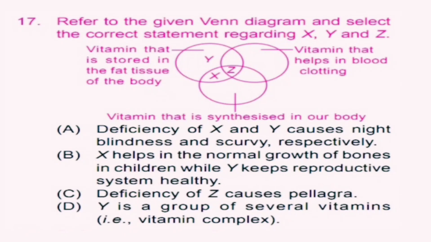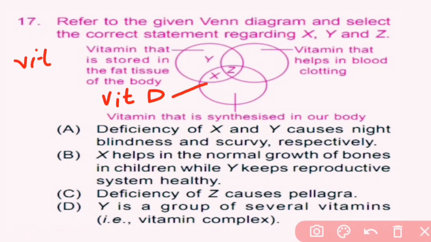Here X is synthesized in our body. So X can be vitamin D and Y is stored in the fat tissue of the body. So here Y represents vitamin E or vitamin A and Z helps in blood clotting.